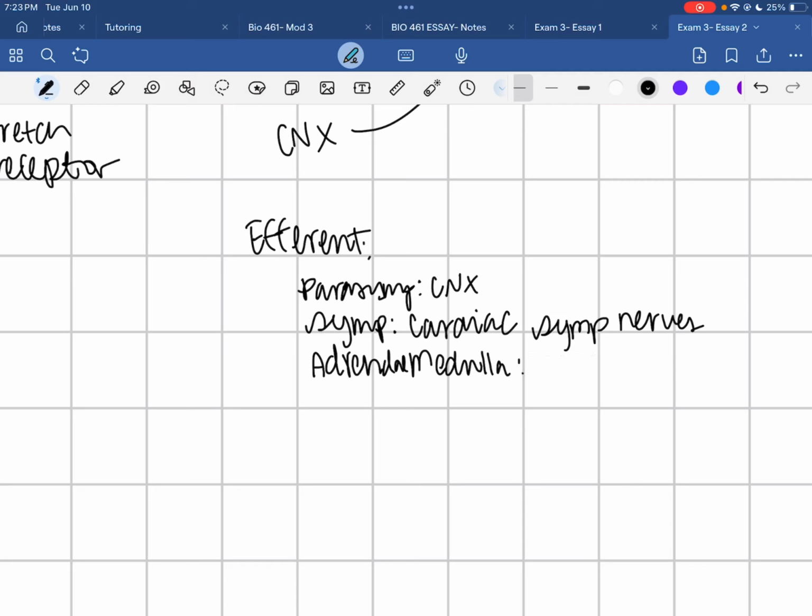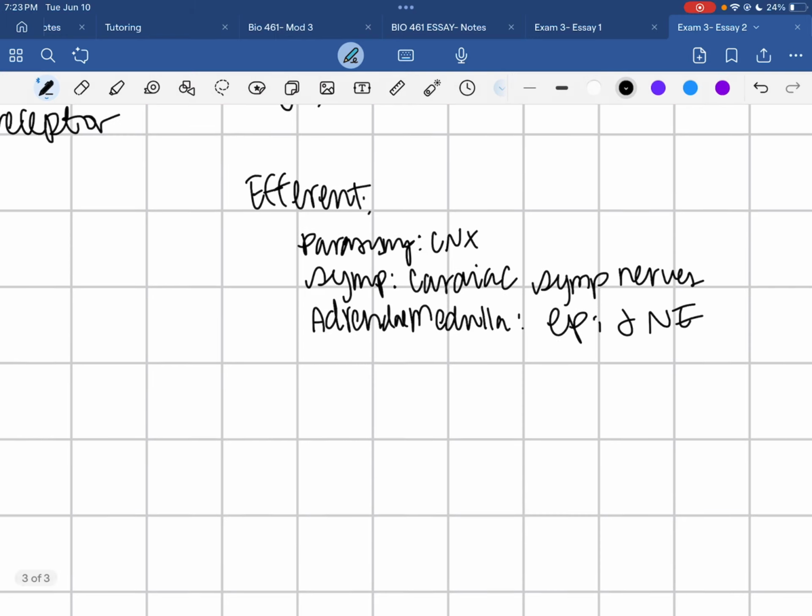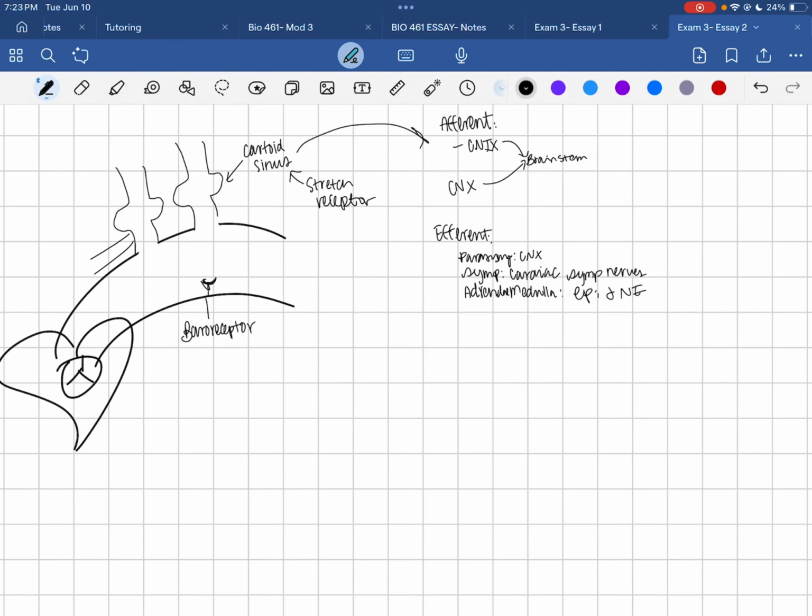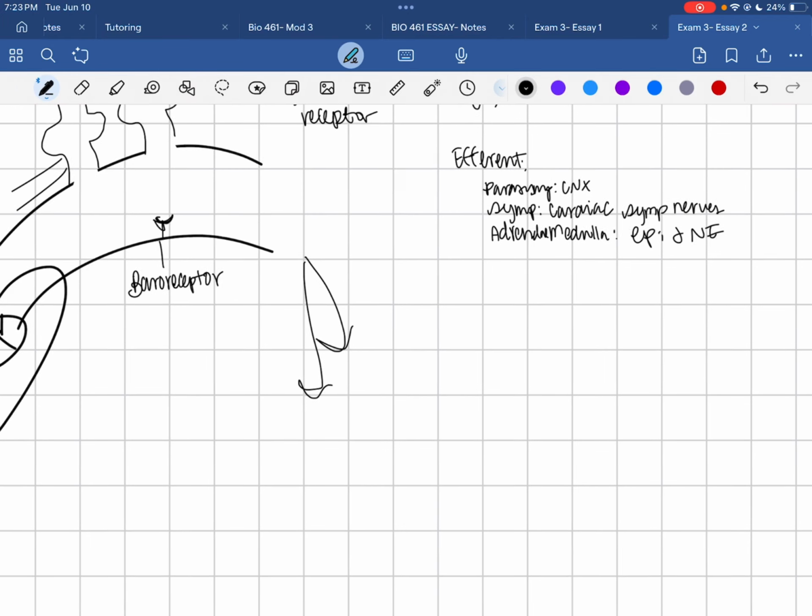And then it could also go to our adrenal medulla, which would release epinephrine or norepinephrine. The effector organs it can go to would be the heart, which could either increase or decrease cardiac output, and then arterioles.